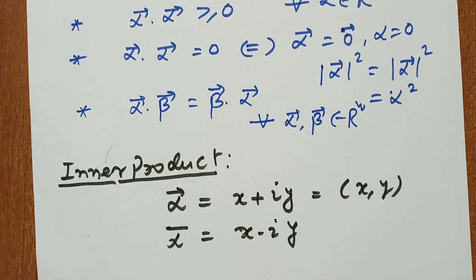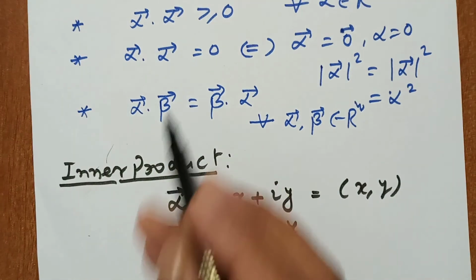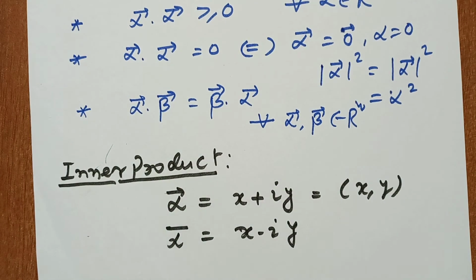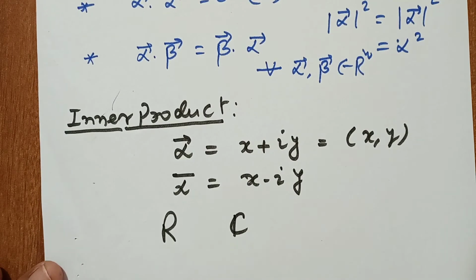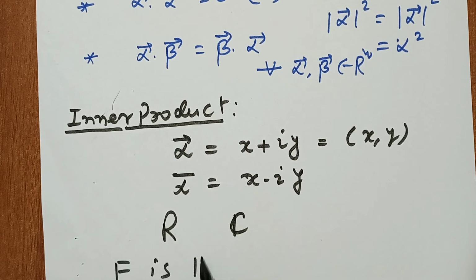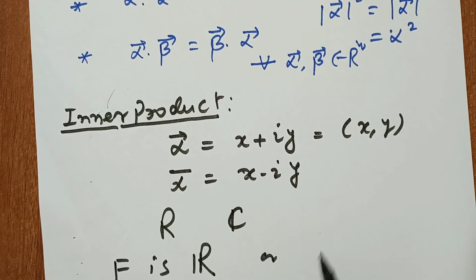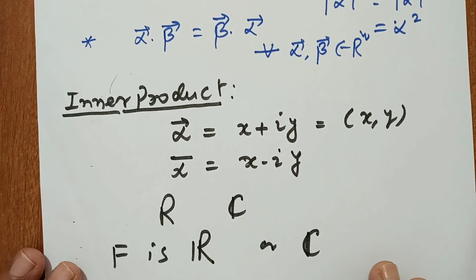So what is the difference between dot product and inner product? We shall study inner product space in the case of real numbers as well as complex numbers, meaning the field F is either the set of real numbers or the set of complex numbers.